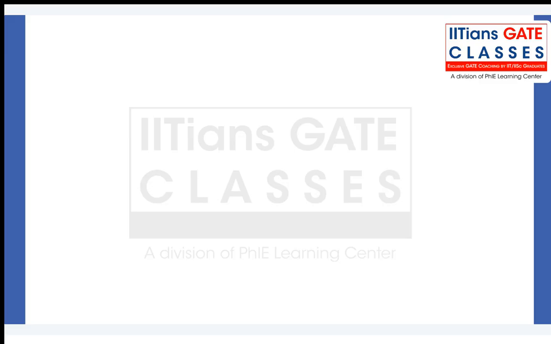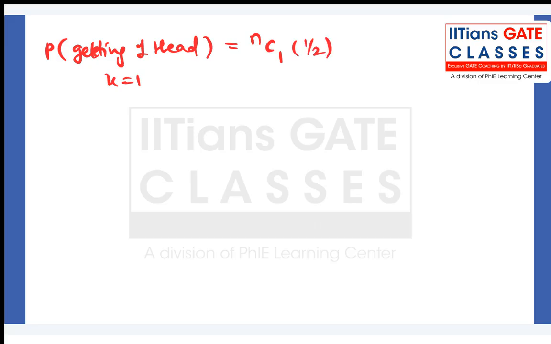The probability of getting one head, that means k equal to 1, is nothing but nC1 half power 1 half power n minus 1, right? And nC1 is nothing but n, because it will be n factorial by n minus 1 factorial. And this is again half power n, because powers get added, base is same.